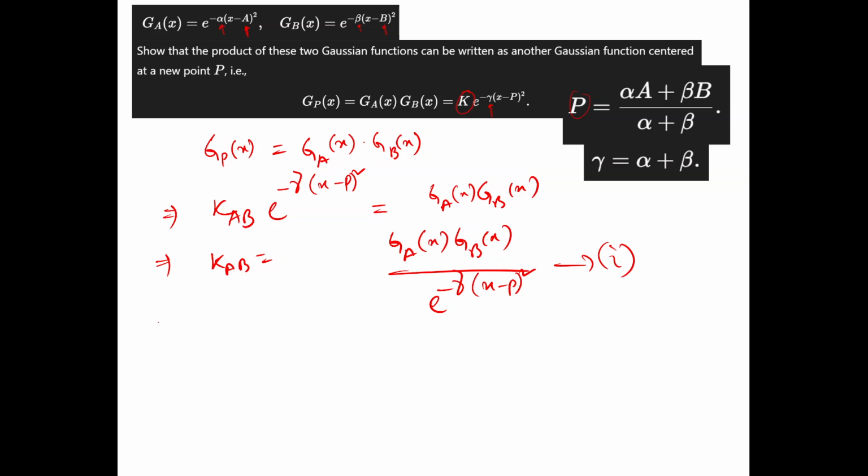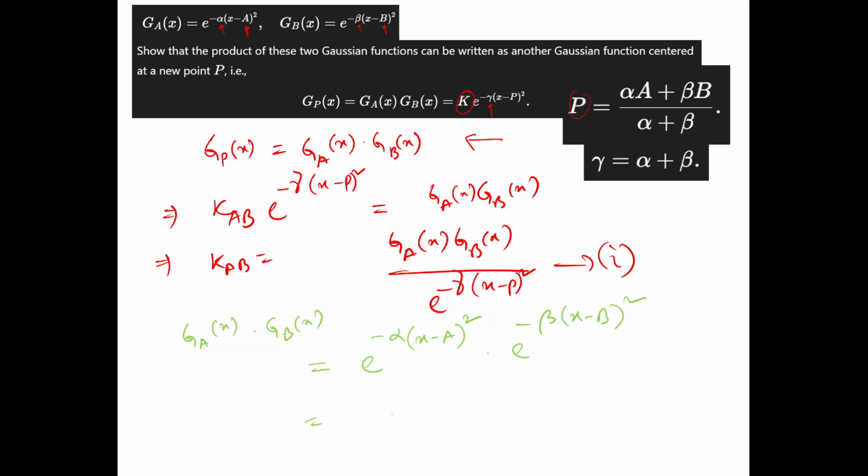We'll come back to this. Now take the right hand side of this equation, G_A(x) times G_B(x). So this is e to the power minus alpha (x minus a) square times e to the power minus beta (x minus b) square.